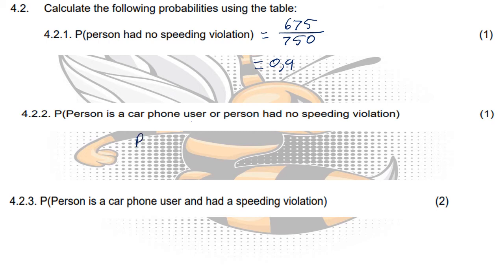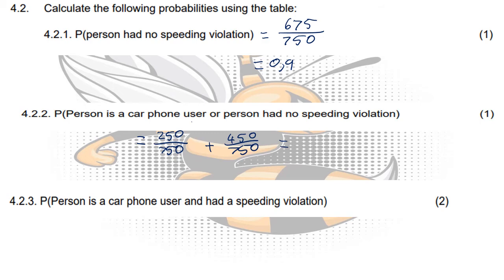So in total, that would be 250 over 750, because there were 250 people who used their car phone, plus 450 over 750 for the people who did not use their car phone and had no speeding violation.